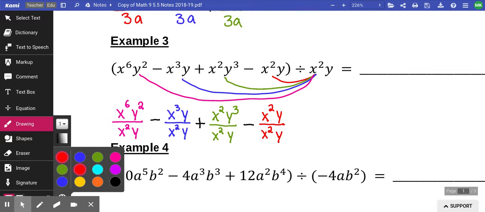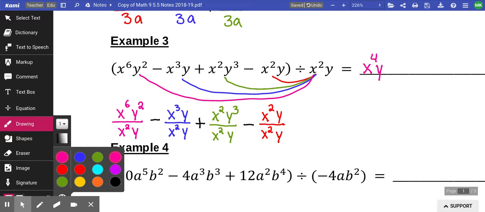I have 6, I have 2, so 6 minus 2 would give me x to the power of 4. And then the y's would go together. So I have y squared divided by y to the 1. 2 minus 1 is 1. So that first comes x to the power 4, y to the power 1. I think I said y both times.